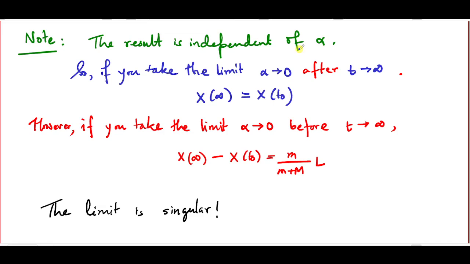The case of a singular limit, a situation where the order in which limits are taken determines the outcome. So, this very simple familiar problem actually has a rather surprising side to it.